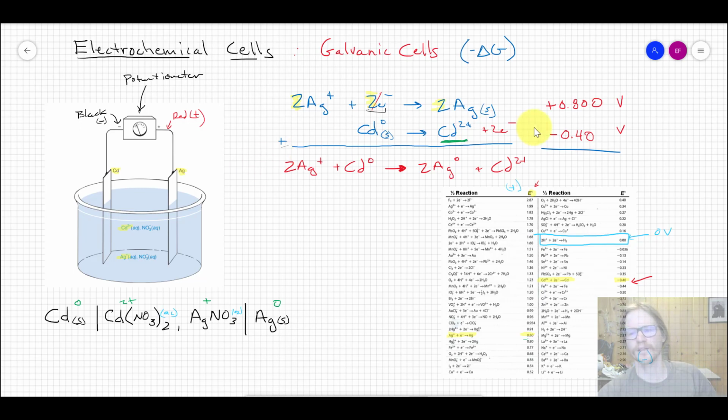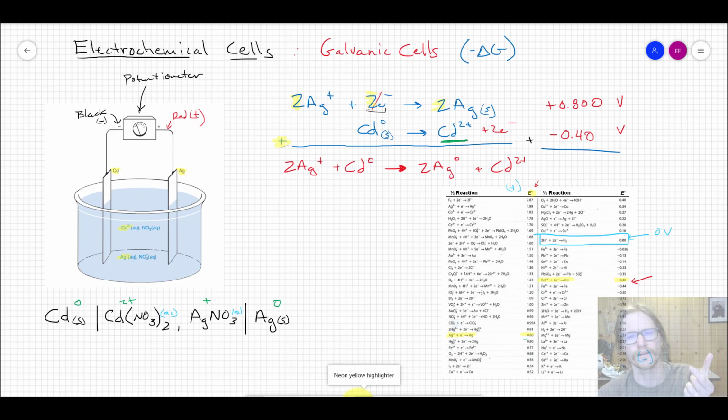Because these are intensive properties and we're adding the 2 half reactions together to get our full cell reaction, right? That's an addition. Then we will also add these 2 steps together. The issue here, though, is that we have a reaction that's running in reverse. And you've looked at this, right, in a Gen Chem course.